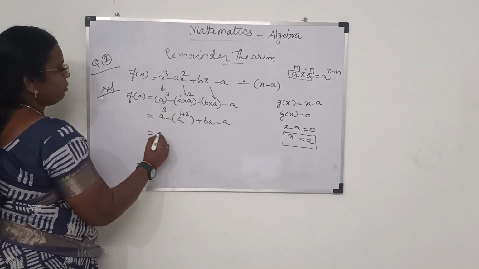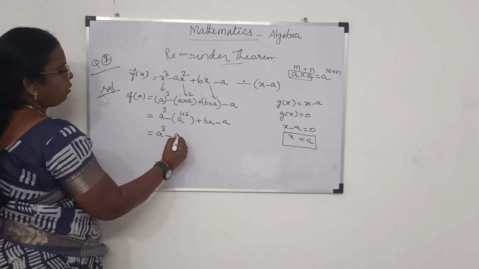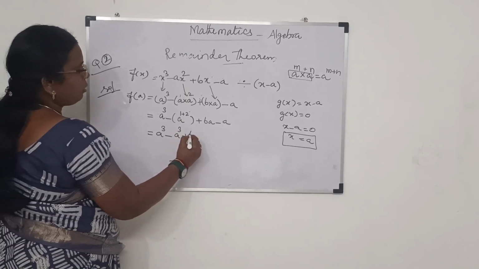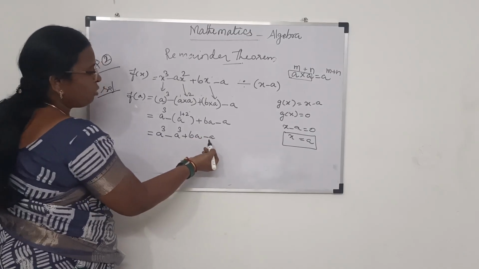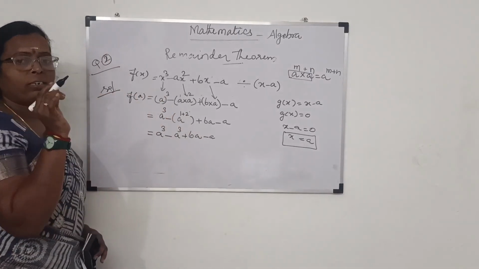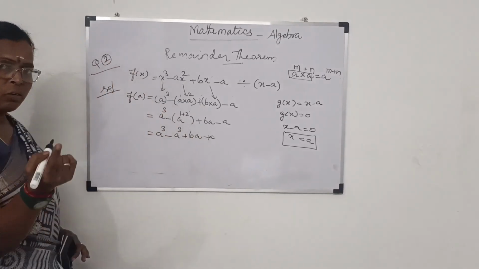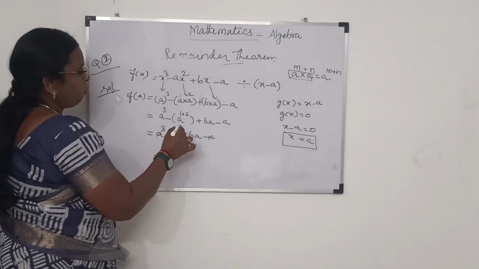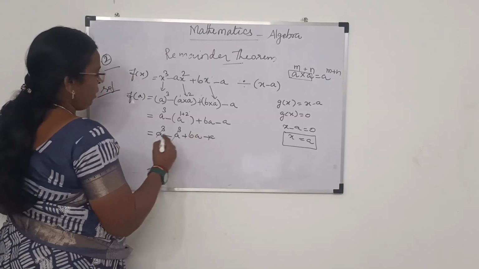The next step is a cube minus a cube. The coefficient of this a, if no constant is written there, automatically the coefficient is 1. So this a cube minus a cube will be cancelled, plus 6a minus 1a.